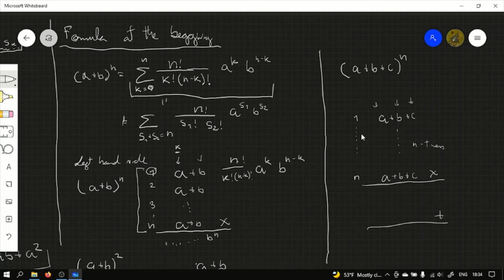So if we put S1 elements into the first box, then we will have a^S1. If we have S2 elements into the second box, then we will have b^S2. And if we put S3 elements into the third box, we will have c^S3. And what are the different ways that we can put S1 elements into the first box, S2 elements into the second box, and S3 elements in the third box? Well, it will be n factorial over S1 factorial, S2 factorial, S3 factorial. And we are going to sum over all of these, all the different ways.